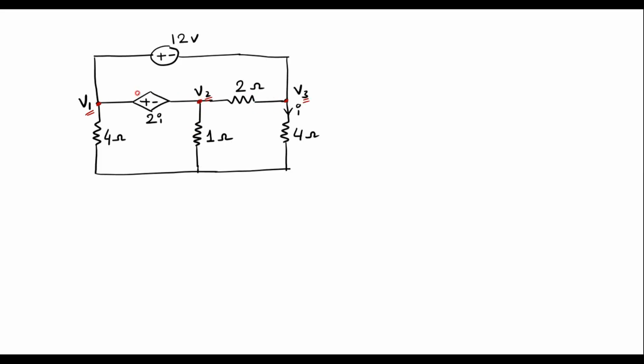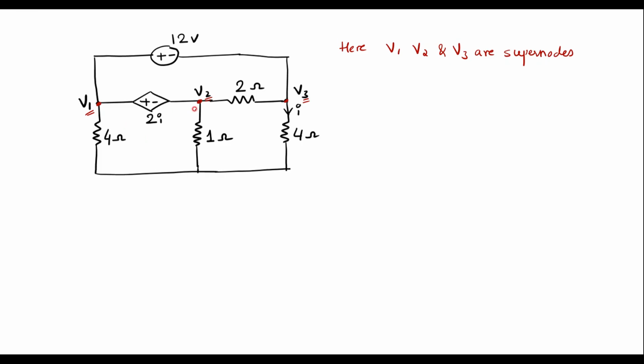Similarly, in between V1 and V3 a 12 volt voltage source is connected directly. Therefore V1 and V3 are also supernodes. So here V1, V2 and V3 all are supernodes.